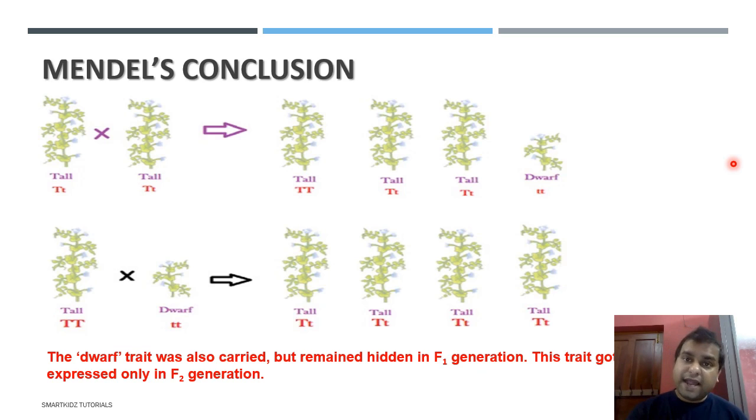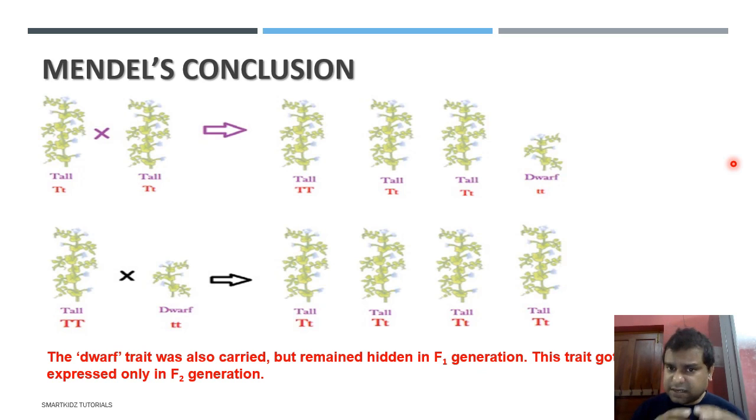And when he carried out self-pollination, that hidden part got expressed in small quantity, of course, but it got expressed, which showed that it did possess that characteristic.